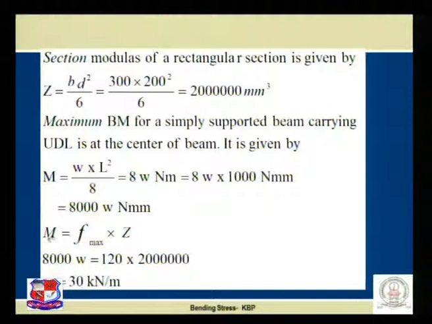By solving this equation, we get W as 30 kilonewton per meter. 30 kilonewton per meter is our answer. So you just see how a simple single equation of M over I is equal to F over Y is equal to E over R, or M is equal to F into Z, can be simply used to solve simple problems.